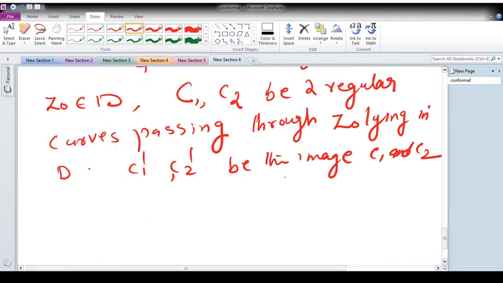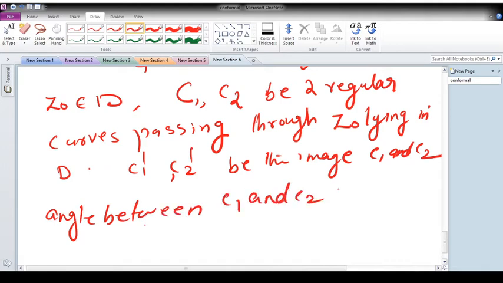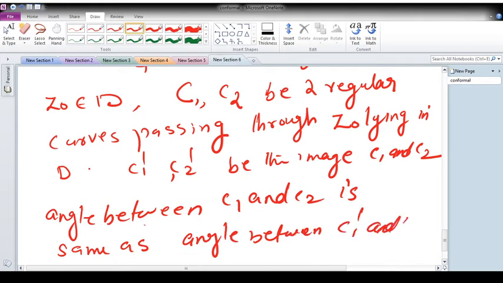Then the angle between C1 and C2 is the same as the angle between its images C1 dash and C2 dash.